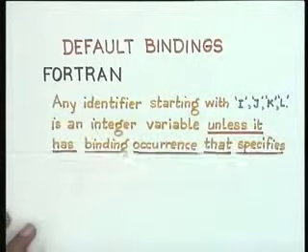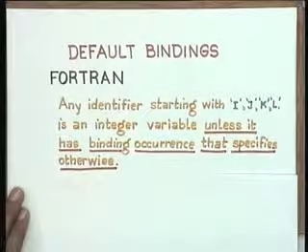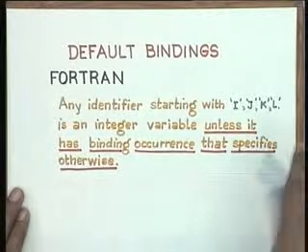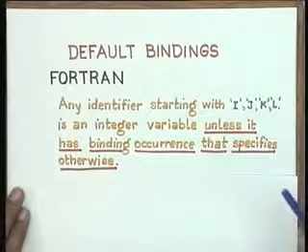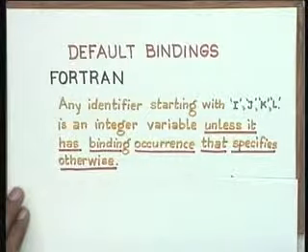However, the applied occurrences will have default bindings in this fashion. Any name that starts with I, J, K and L, which does not have a binding occurrence, is taken to be an integer variable. Further, any identifier that starts with any other letter and which does not have a binding occurrence is taken to be a real variable.